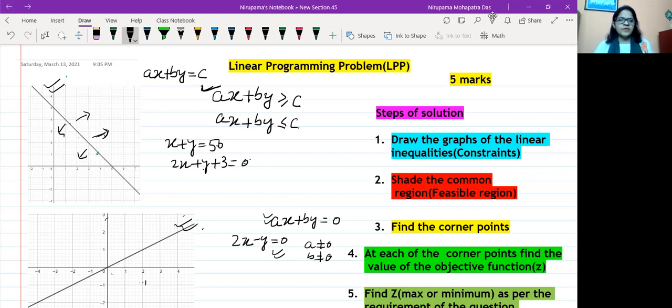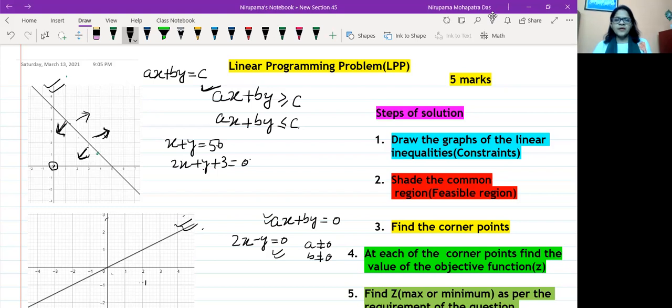If the line doesn't pass through origin, we will take origin as a landmark, and check whether the solution portion is towards origin or on the other side, away from the origin.